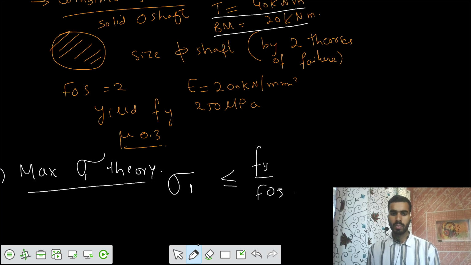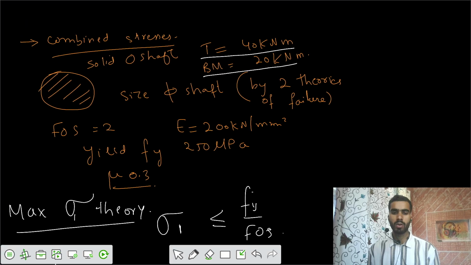The major principal stress in multi-axial loading should be less than the major principal stress in uniaxial loading at yield. So how can you get sigma 1 if you have a combined loading?